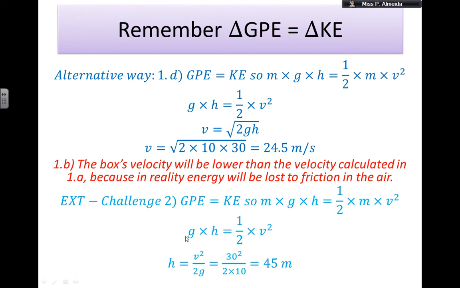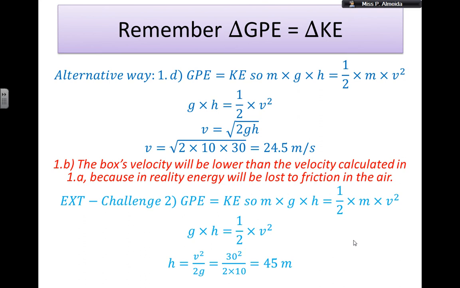So I get gravity times height equals 1/2 times the velocity squared. If I change it to get height, g goes and divides on the other side because it's multiplying here. So I get velocity squared divided by 2 times g. So 30 squared divided by 2 times 10, if you don't have a calculator, or 9.81. And this gives me 45 meters.